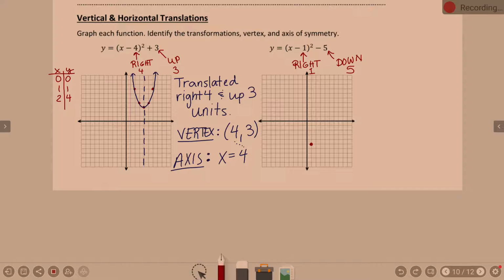Not if you want to make me happy. Okay, not if you want to get the full points on the quiz or test, right? So, where does my first set of points go from the vertex? Over 1, up 1. Where does the next set of points go? Over 2, up 4, because this is an x squared.